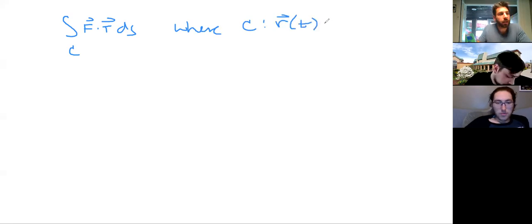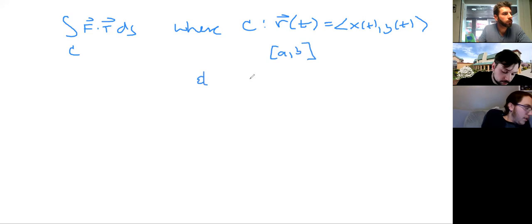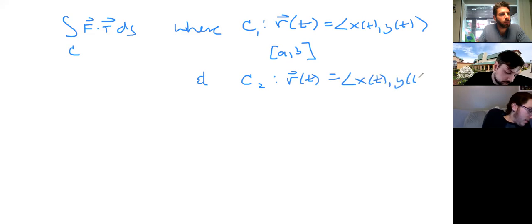Pick any example. I don't care which one you pick. Pick a simple f. Pick whatever. You can even just do it in R2. So we'll call this C1. And then take the same exact parametrization, but instead of starting from A to B, let t go from B to A.